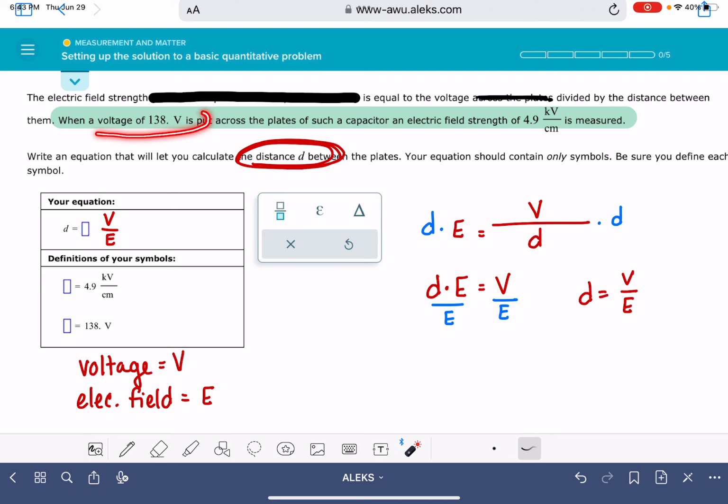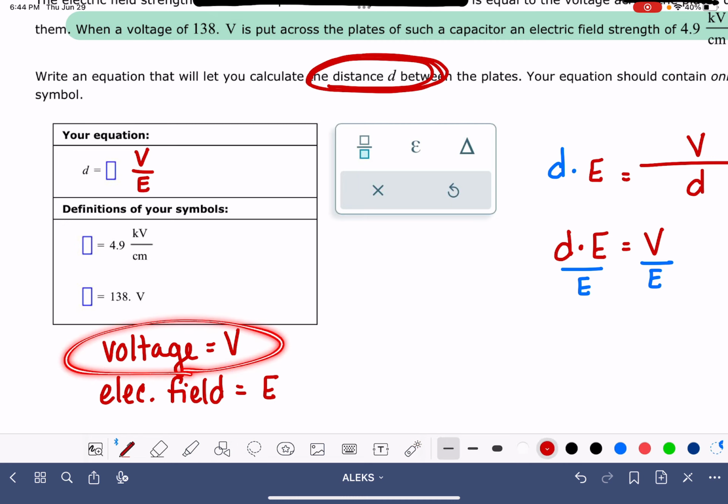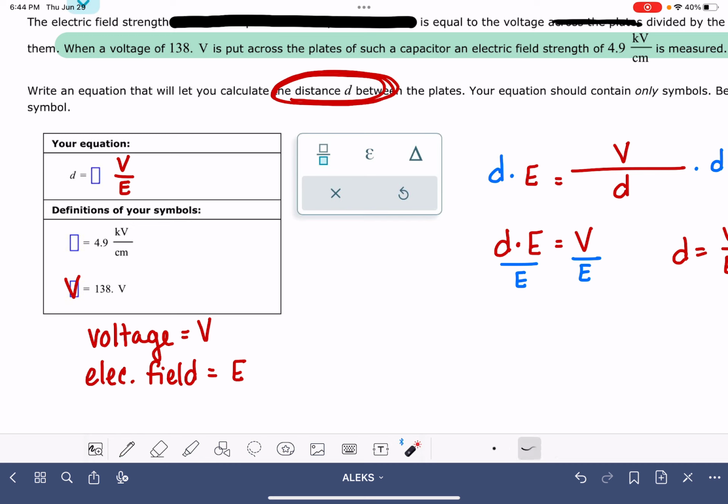So the problem tells us that we have a voltage of 138 volts, and that is represented down here in this part of the answer box, and it wants me to identify which of these symbols I am going to apply to the value 138 volts. 138 volts is the voltage, and I defined the voltage as capital V. The other number that was given to me in the problem is 4.9 kilovolts per centimeter, and ALEKS says that is the electric field strength.